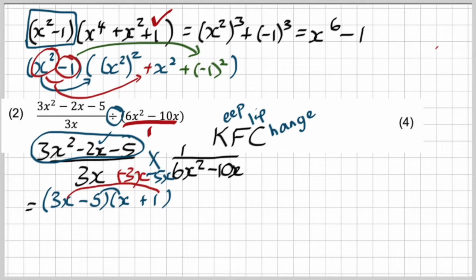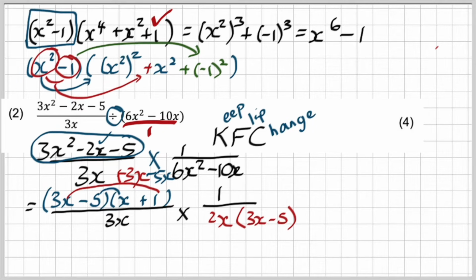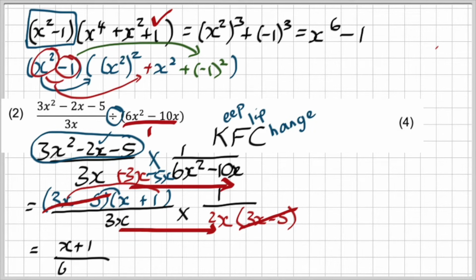Okay? But let's carry on. Over 3x, and I'm timesing by the 1 because I didn't do anything with that denominator and that numerator. But I can take out a 2x common in the right denominator, and therefore now my 3x minus 5 and the 3x minus 5 is going to divide away, and I'm going to multiply the top and multiply the bottom.